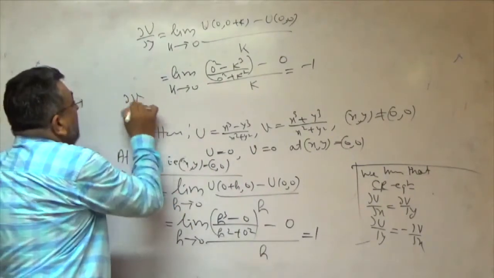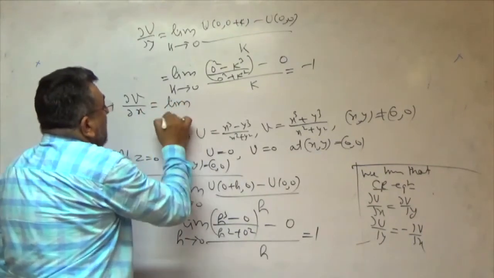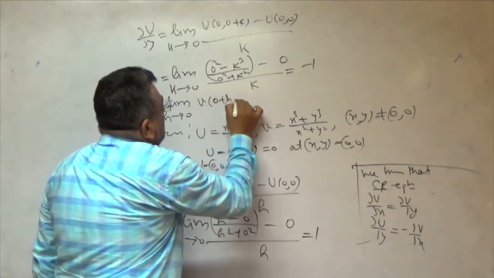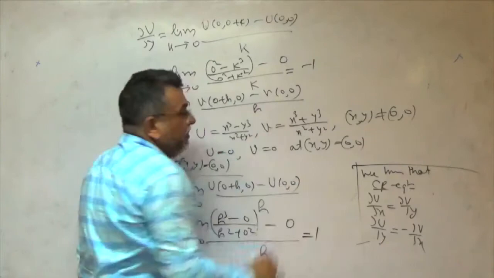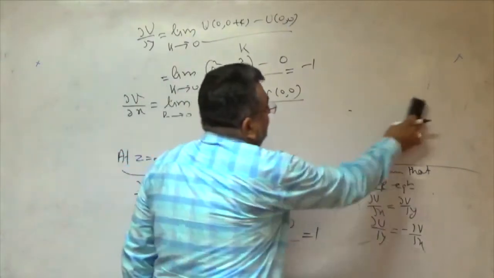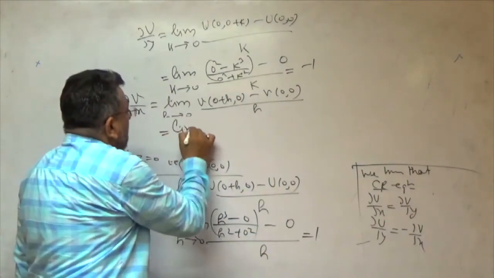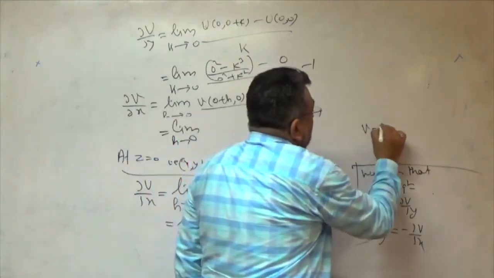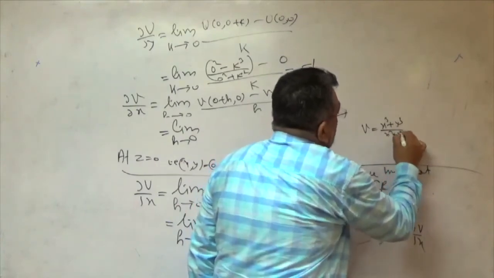Now similarly we calculate del v by del x. Take the formula, limit h tending to 0, of v(0 plus h, 0) minus v(0, 0) upon h. Here we have the value of v as x cube plus y cube upon x square plus y square.